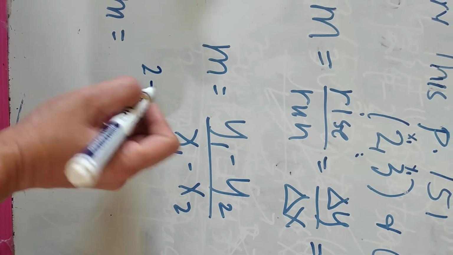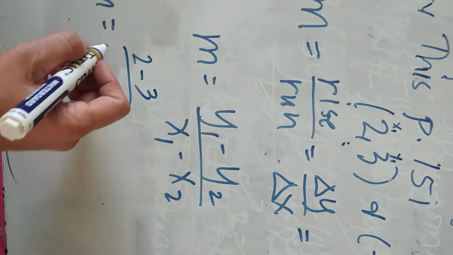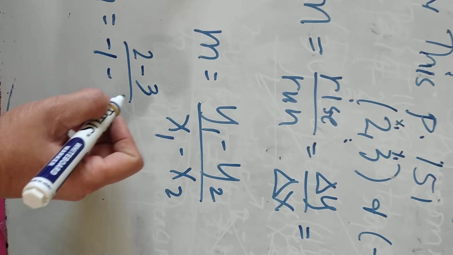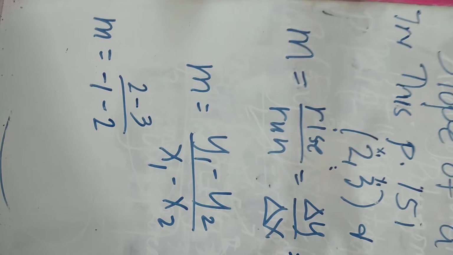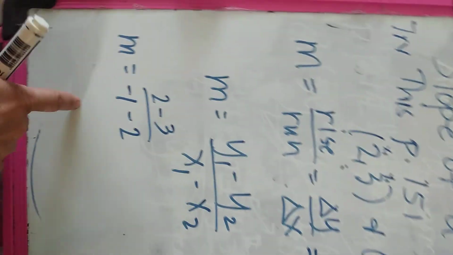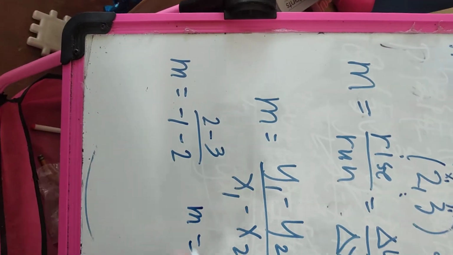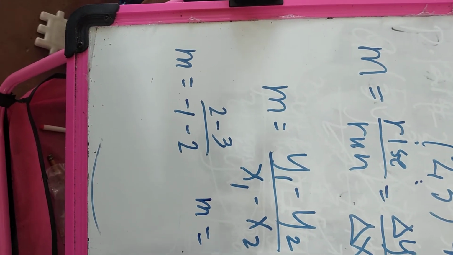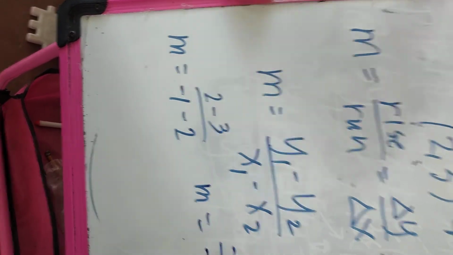2 minus 3 over x sub 2, negative 1, minus x sub 1, which is 2. So y sub 2, y sub 1, x sub 2, x sub 1. So m is equal to 2 minus 3, which gives you negative 1, over negative 1 minus 2, which gives you negative 3.